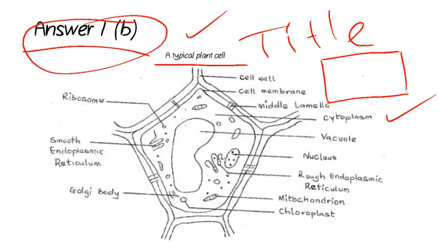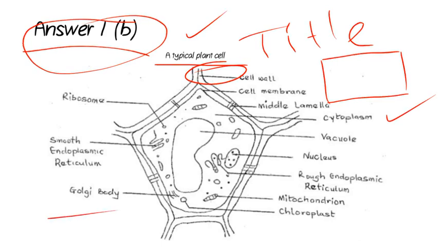The next thing is that you need to be careful with your labeling. As you can see, the labelings on this diagram are to the right or to the left, and the lines are straight. You can use your ruler to draw the lines, and the lines are not woolly also.